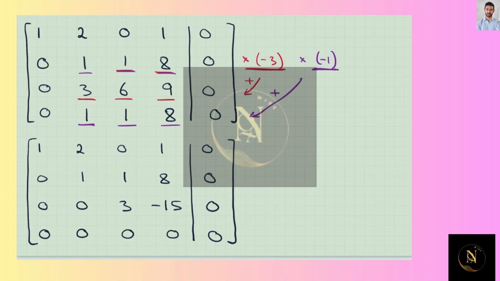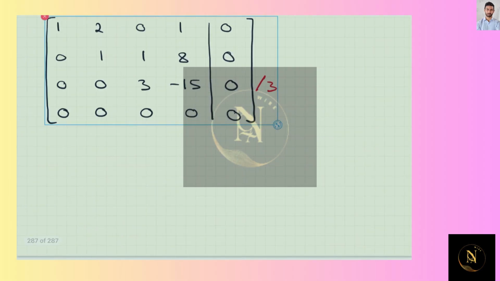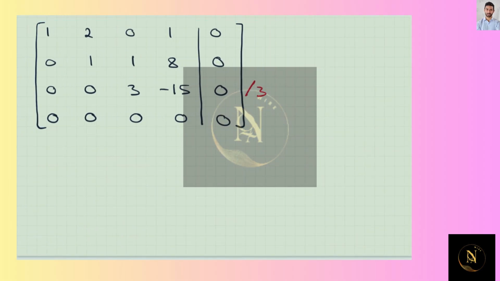Next, we will divide the third row by 3. And after dividing the third row by 3, we are going to get 1 at this position. And negative 15 will become negative 5. Now we will go backwards.